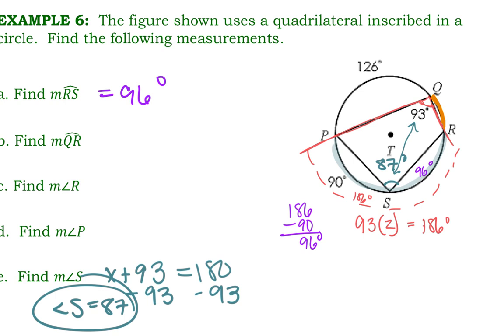That way you're not subtracting 3. So for Q to R, we're going to do 360, we'll subtract 186, and we'll subtract 126. What does that give us for Q to R? That's 2, 3, 48. So 48 degrees.